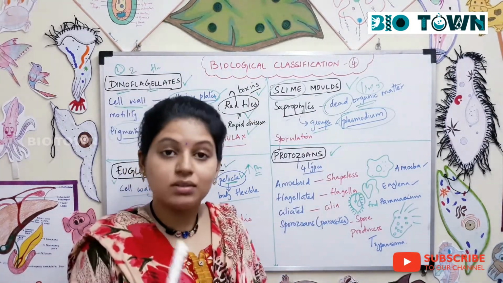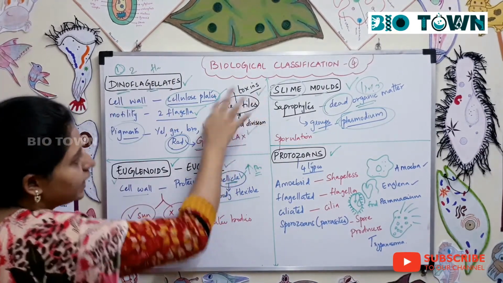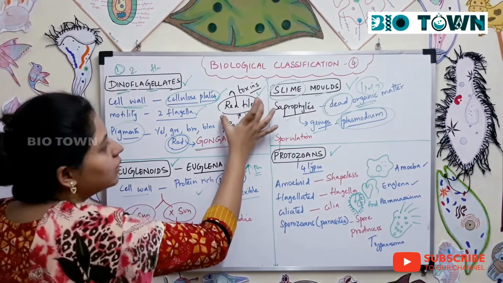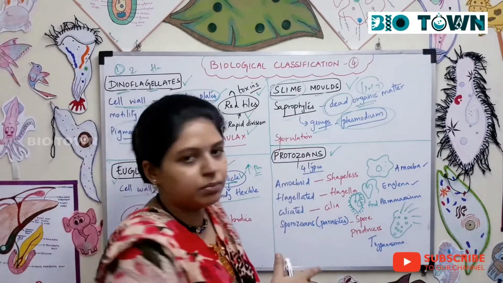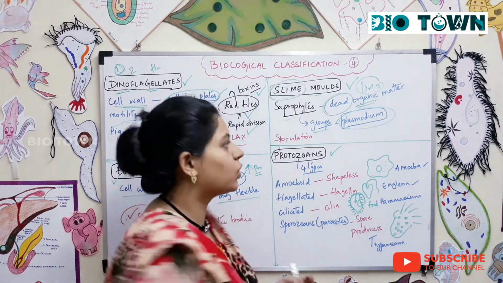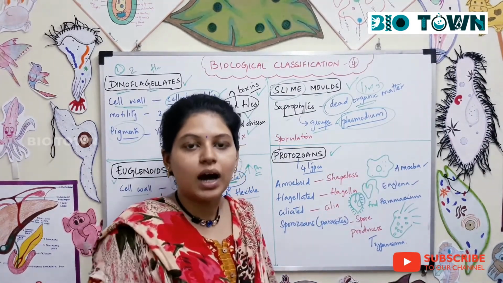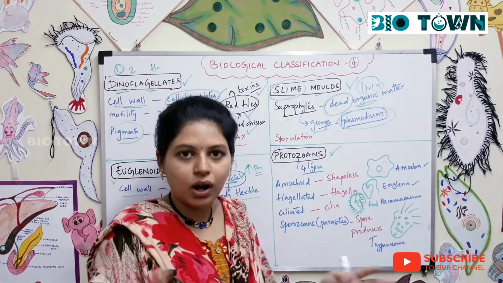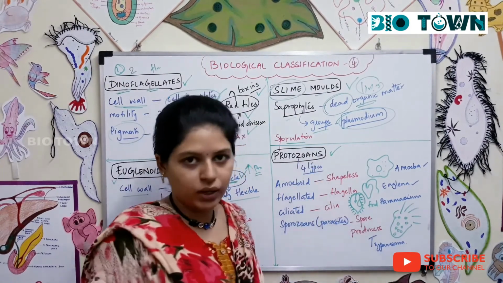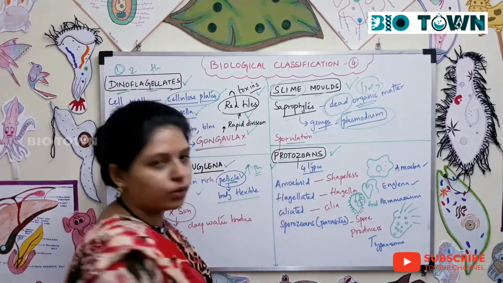Just as in dinoflagellates, this cluster is called red tides, the same way these slime molds aggregate together, and this group cluster is called the plasmodium structure, which means these slime molds are in a clustered structure. They are all grouped together, right? And now what happens? They undergo sporulation. Okay, so simple.